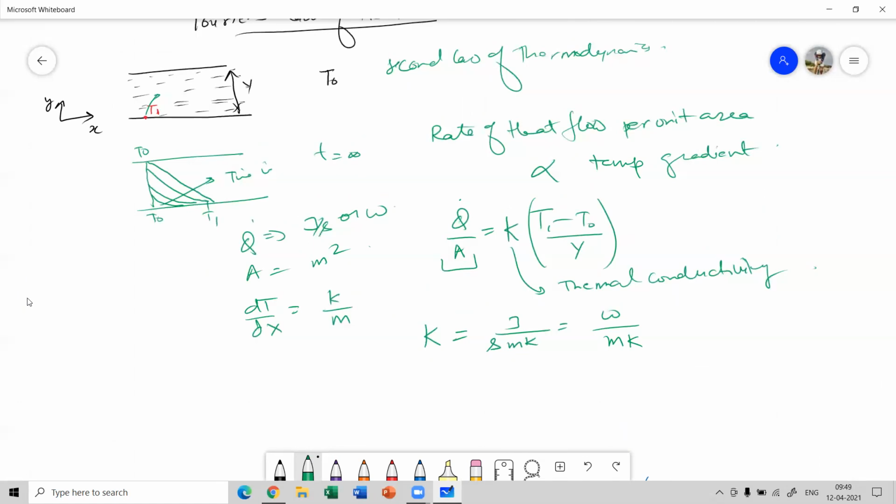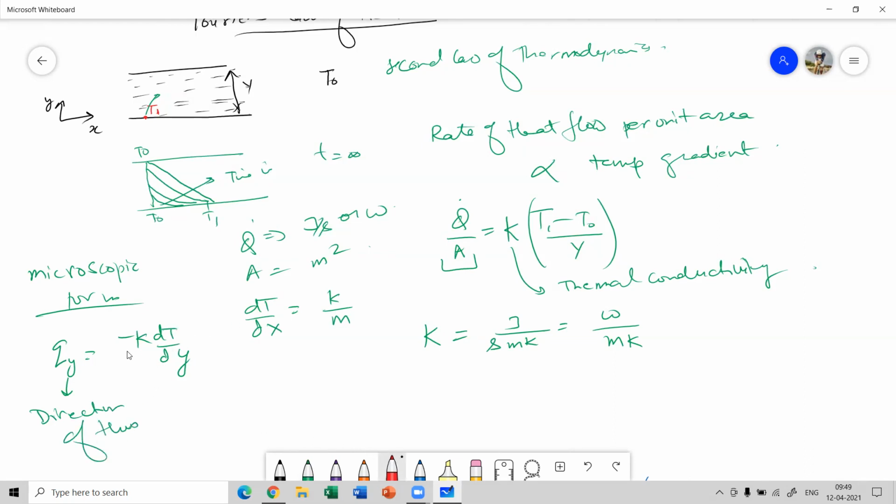In a microscopic form, we can also write the flux, that is Q, in the y direction as negative of k dT by dy, where y indicates the direction of the flux, and the negative sign indicates heat flow in the decreasing temperature direction.